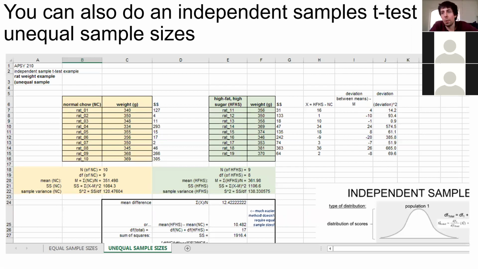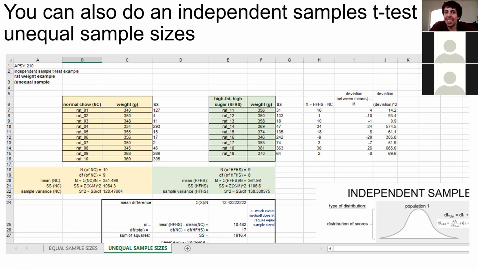And you obviously don't want to discard perfectly good data from one group just for the sake of having an equal sample size. You would actually lose power if you do that. Even though it's easier to calculate if there's equal sample size. Well, it's only easier to calculate if you are committed to doing things by hand.